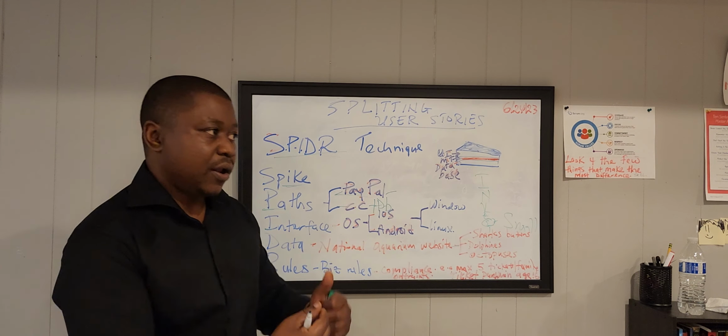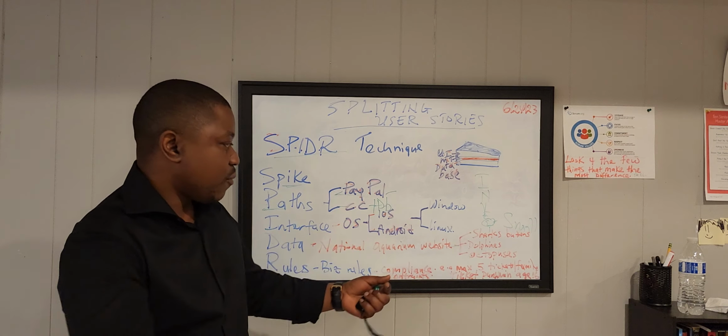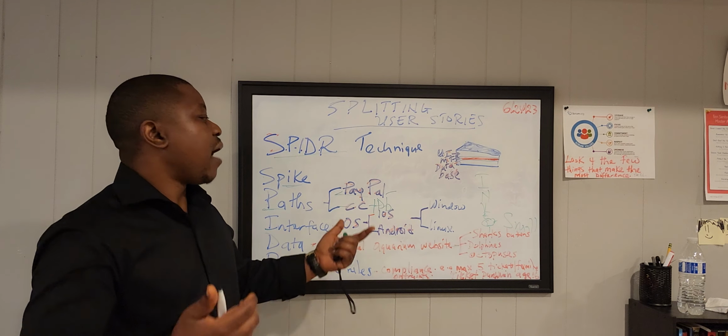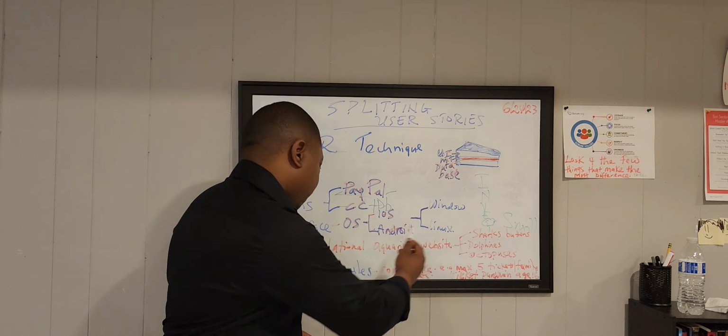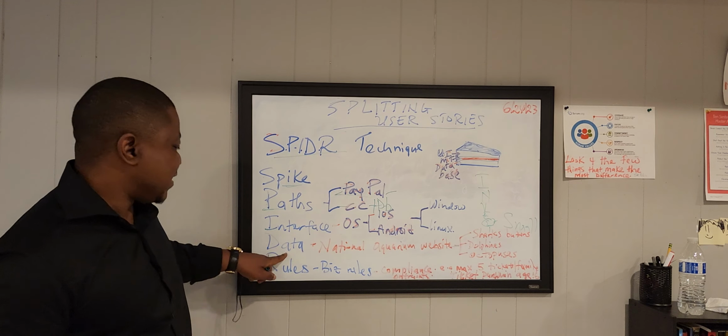Then they can create another button in their user story that, when you click on that particular button, opens up everything you need to know about dolphins. So that's how you can split a user story following data.